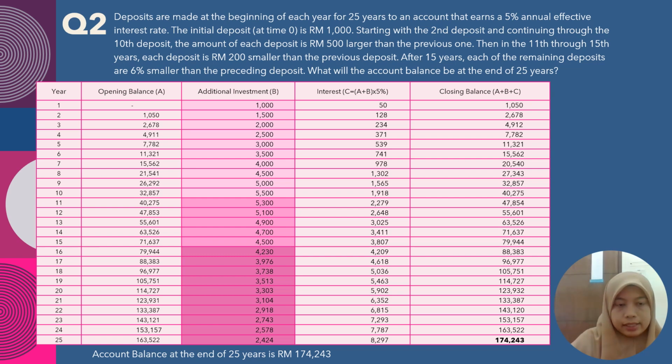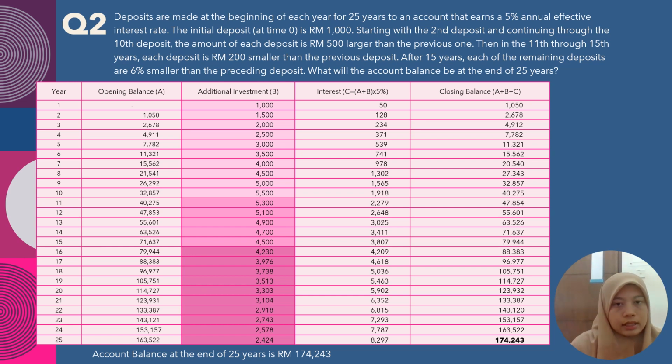The additional investment for year 1 until year 10 has a 500 ringgit increment, and then for year 11 until year 15 it has a 200 ringgit decrement, and then from year 16 to year 25 the deposit is 6% smaller than the previous deposit, meaning that it is 94% of the previous deposit.